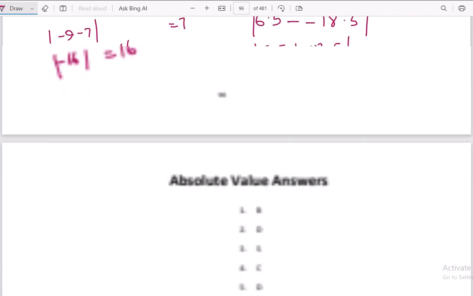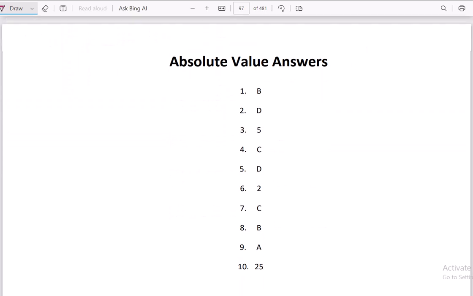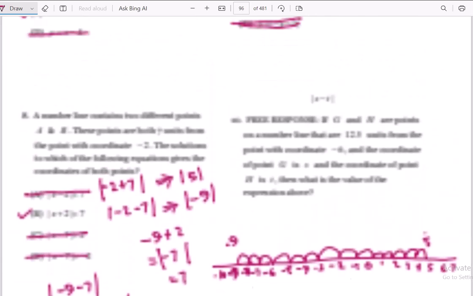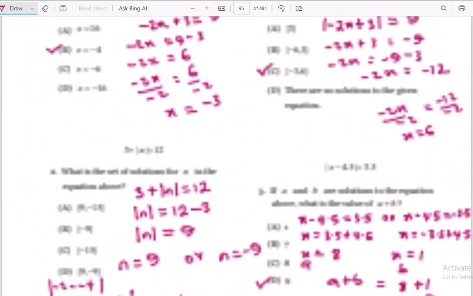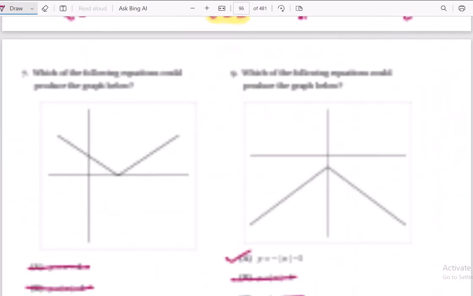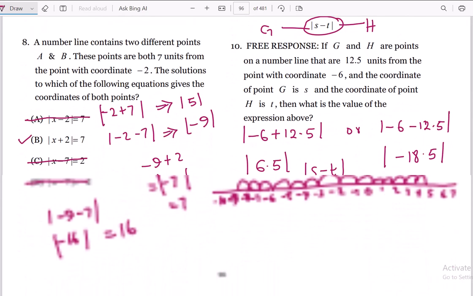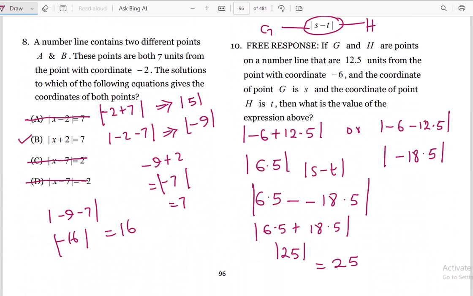Let's check numbers 8, 9, 10 again. BA25. 8 is B, 9 is A. Okay, correct. And finally, you're left with 25.